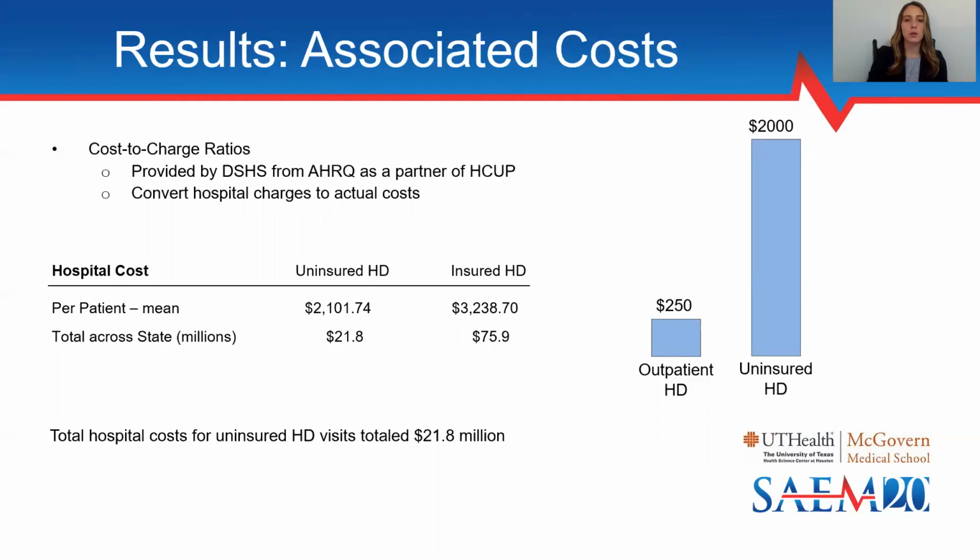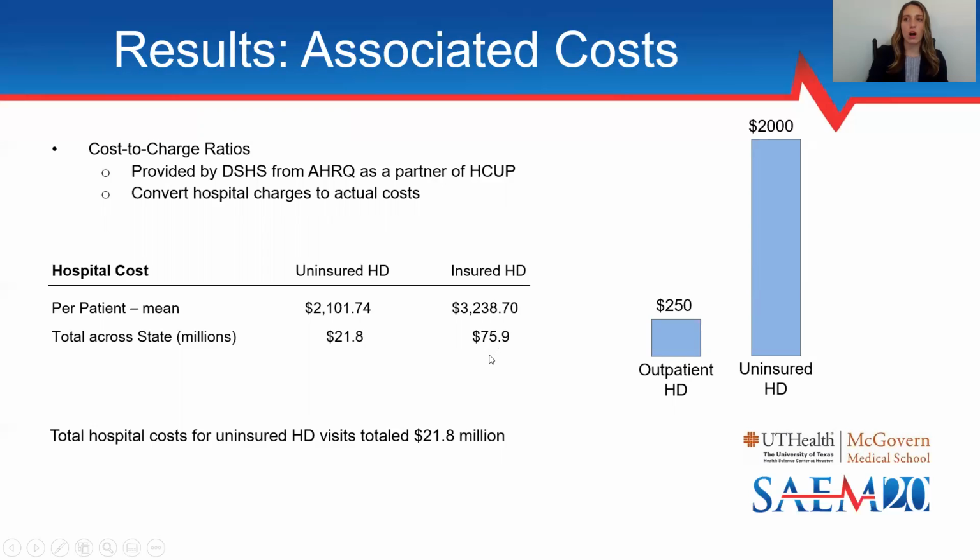The mean cost per patient was $2,101.74 for uninsured HD and $3,238.70 for the insured.